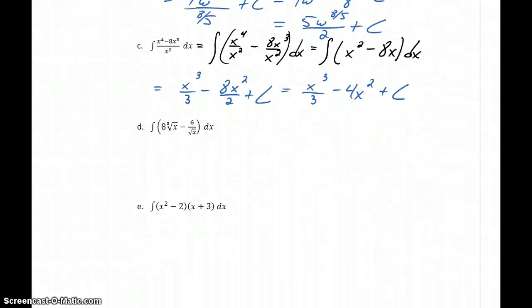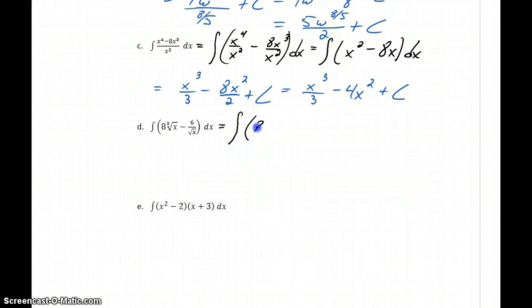So whenever we see these more complicated expressions, again, the best thing to do is first try to see, can we just rewrite it in a more simple fashion using power rules or some other form. So here what we have is the integral of 8 times the cube root of x.